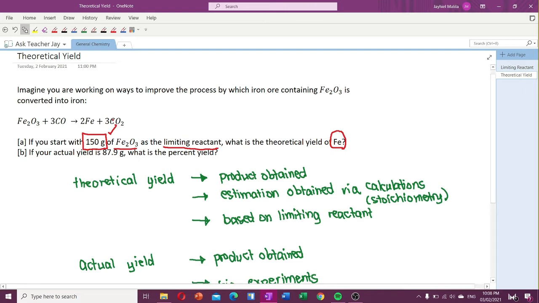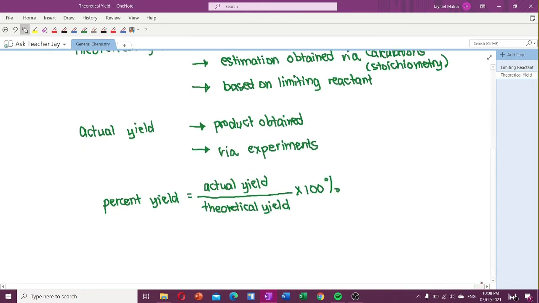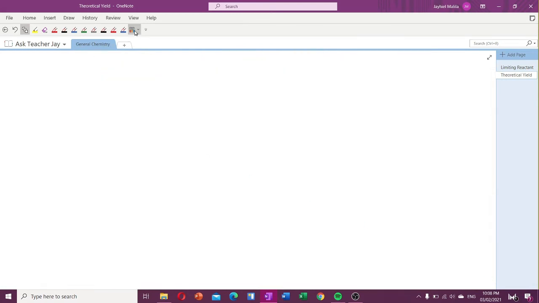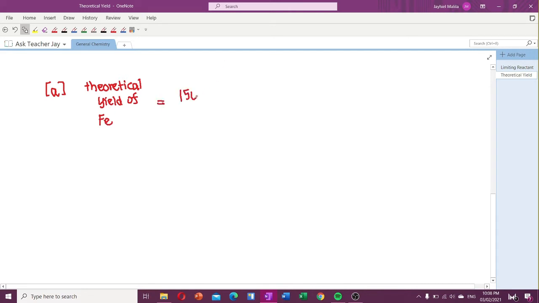So let's go here at the bottom part. Our goal is to determine the theoretical yield of Fe. So our starting value is 150 grams of Fe2O3.